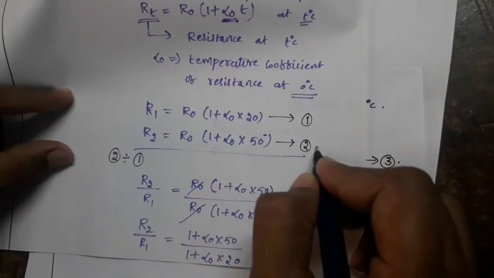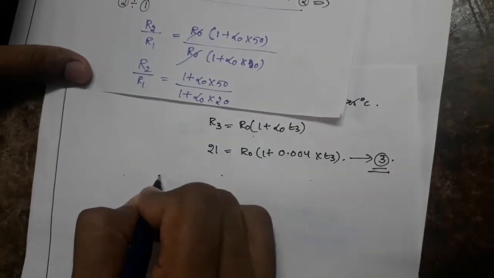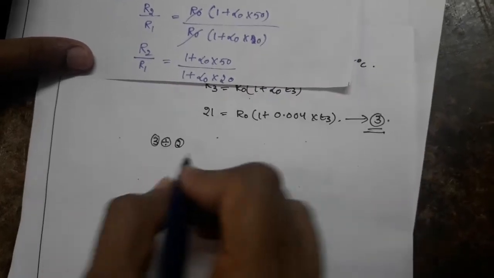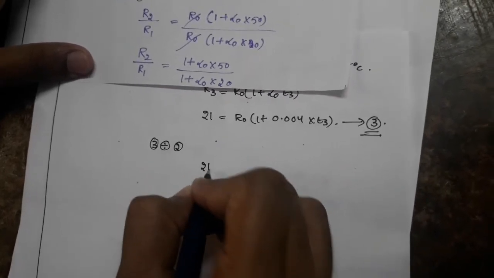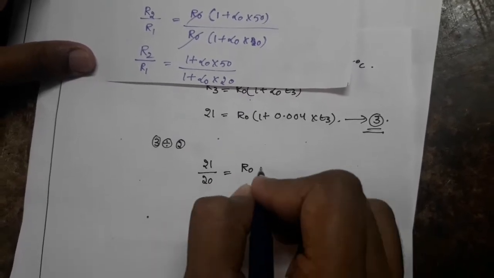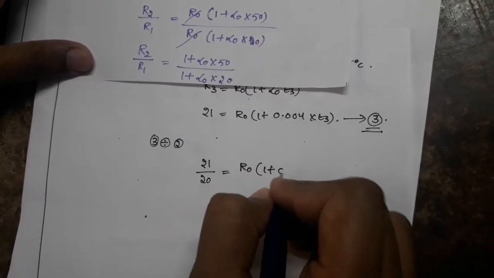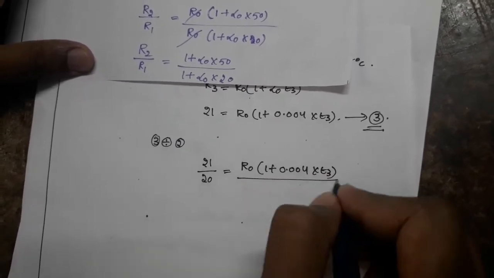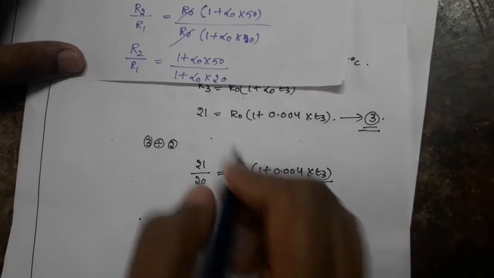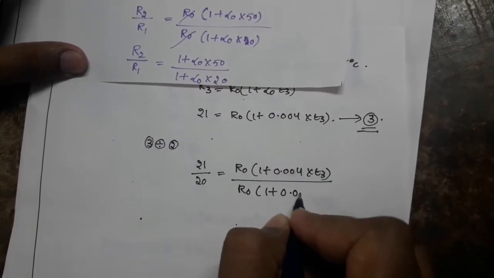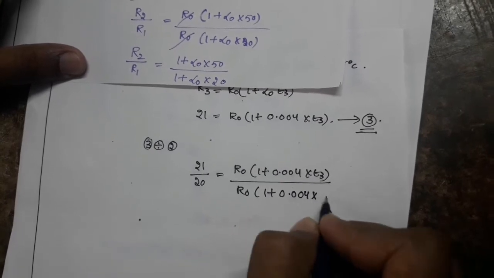From equation 2 and equation 3, I will divide 3 by 2. So 21 divided by 20 equal to R naught into (1 plus 0.004 into T3) divided by R naught into (1 plus 0.004 into 50 degrees).